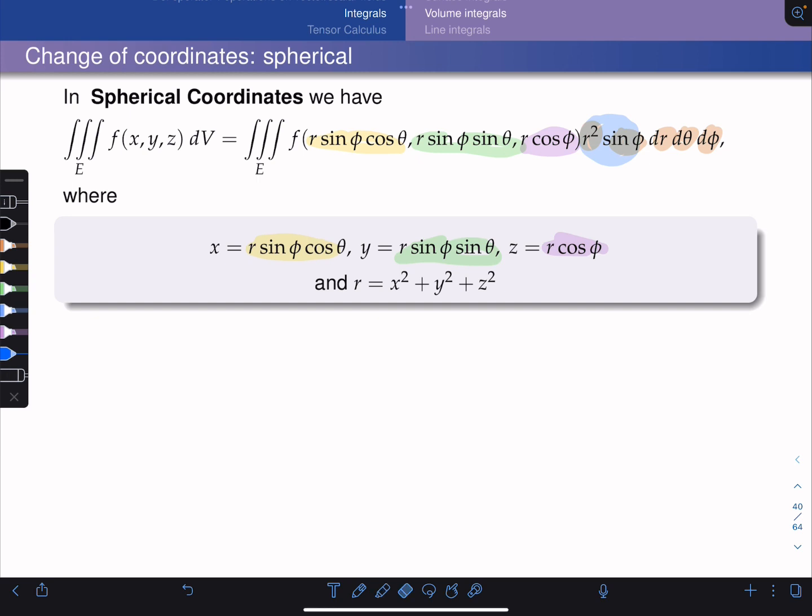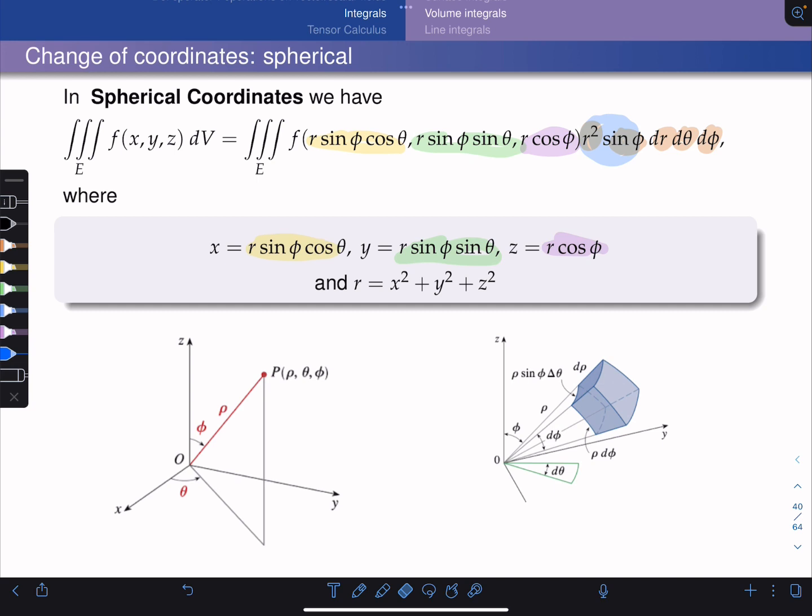We can visualize the spherical coordinates in this way. So the angle phi is between the z-axis and the point, in the vertical plane, let's say, and the angle theta is in the horizontal plane, so between the x-axis and the projection of the point on the xy plane.